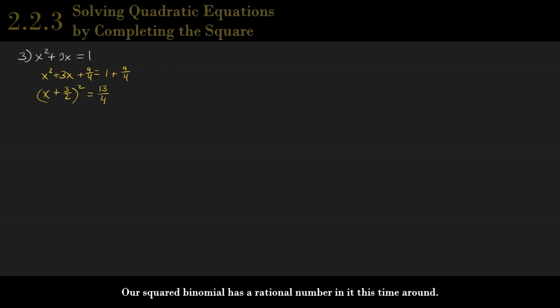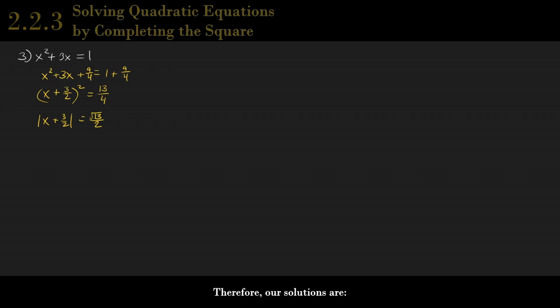Our squared binomial has a rational number in it this time around. This will happen often. Taking the square root of both sides, we get the absolute value of x plus 3 over 2 equals root 13 over 2. Therefore, our solutions are x equals (root 13 minus 3) over 2, and x equals (negative root 13 minus 3) over 2.